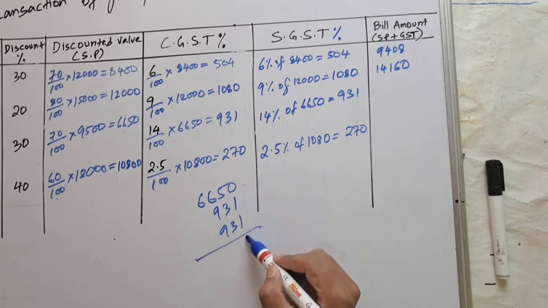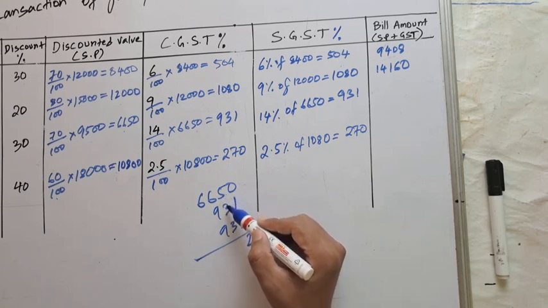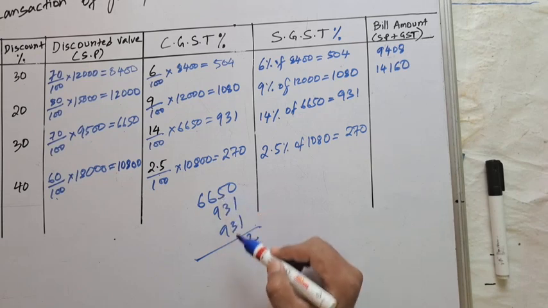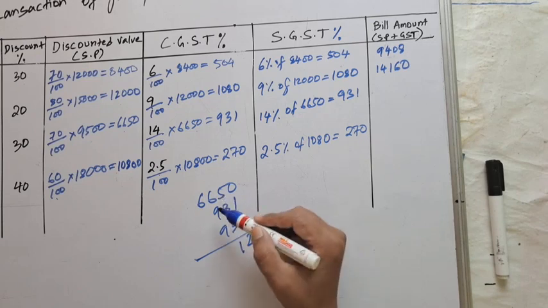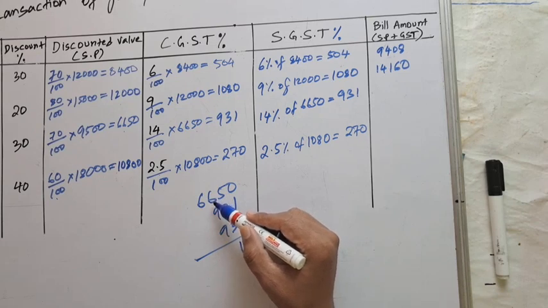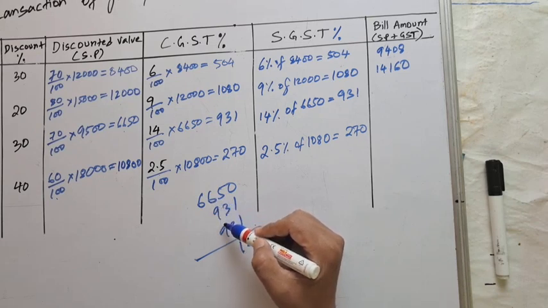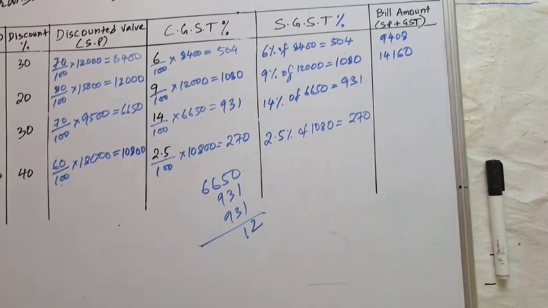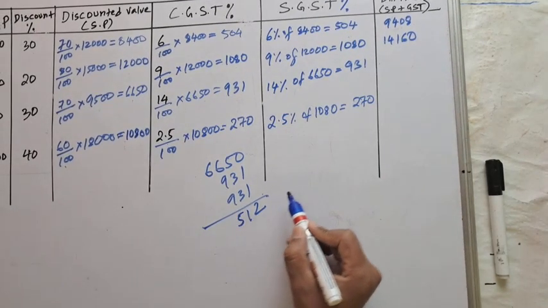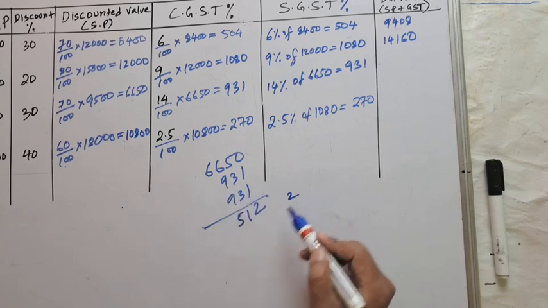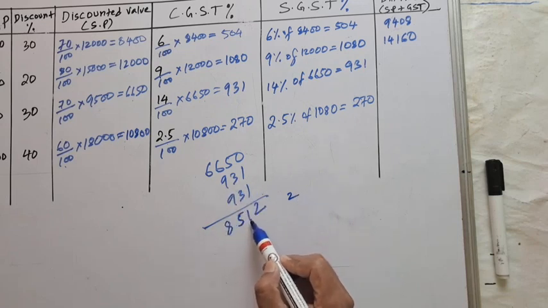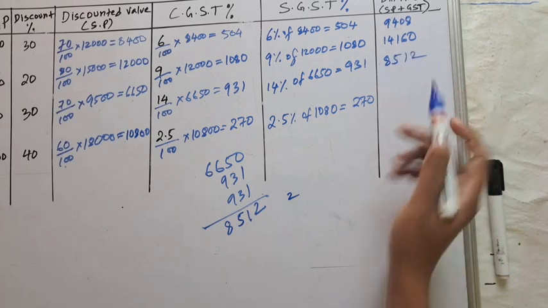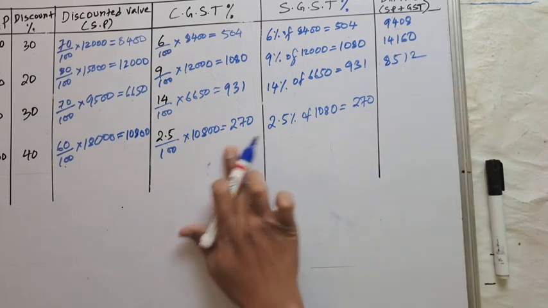So this will give us 2. 5 plus 3, 8. 3 plus 3 is 6. 6 plus 5 is 11. 1 in hand. 9 plus 6, 15. 15 plus 9, 24, isn't it? 24 plus 1, 25, 5, 2 in hand. 6 plus 2, 8. 8,512. Let us calculate the fourth one.